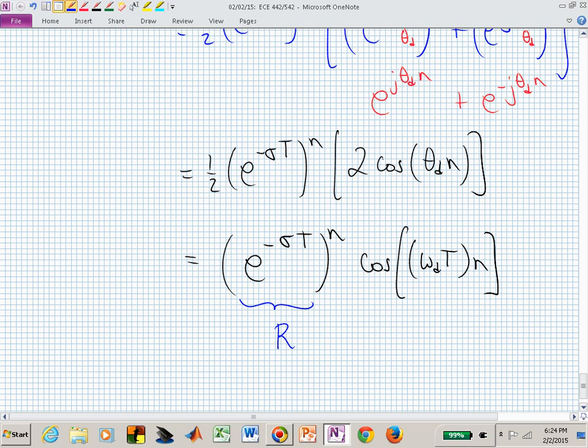E to the minus sigma T. If sigma was 2 and capital T was some small value, that was our sample period, we have e to the minus something small, maybe that's 1/2. We now have 1/2 to the n. That's how quickly we're exponentially decaying. That's our capital R. And how we're bouncing around is this cosine of theta sub d n.